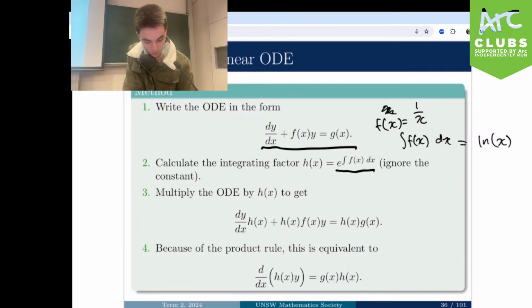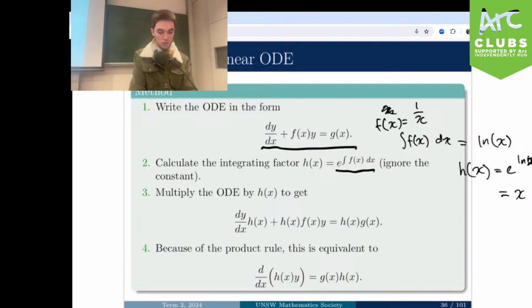And then, therefore, our integrating factor, h of x, is equal to e to the natural log of x, which is just equal to x, okay? So nice and easy in this case. Sometimes it's a little more messy, but sometimes you get a nice one like this.